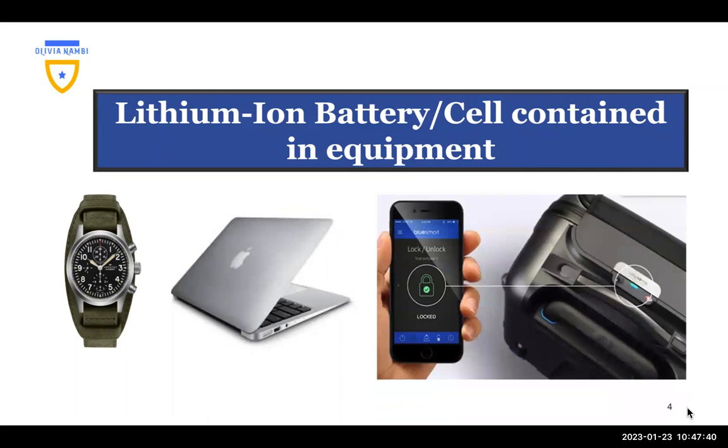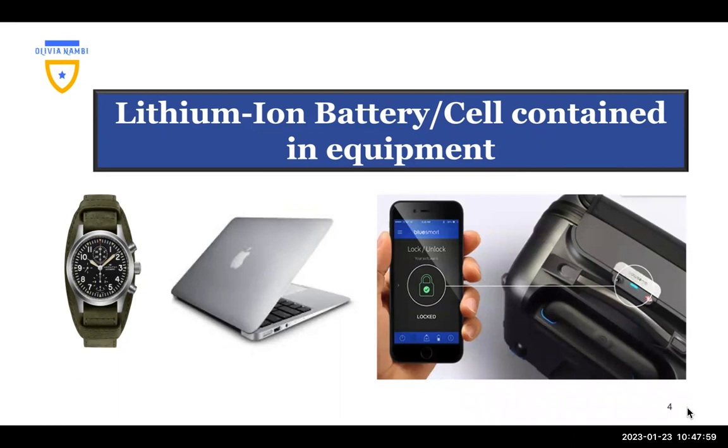Then we also have cases of smart bags, smart suitcases, smart backpacks. They are all going to be shipped as lithium-ion batteries contained in equipment if they're going to be shipped as cargo.